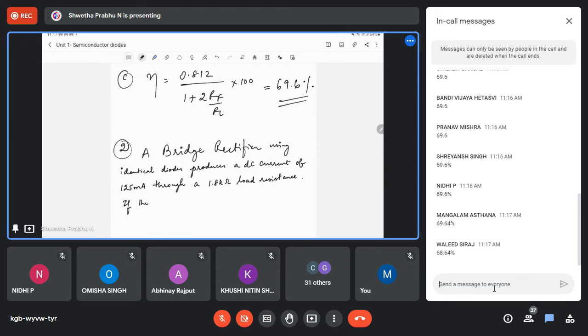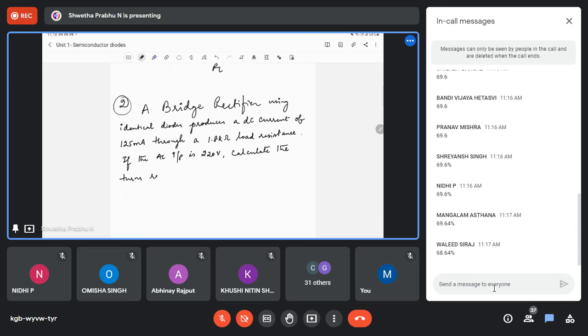If the AC input is 220 volts, calculate the turns ratio of the transformer if each diode has a forward resistance of 65 ohms. Make a note of this question.